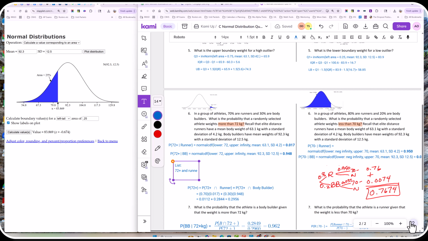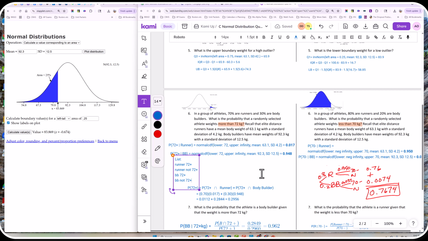So let me start with this. They're either a runner or a bodybuilder. So they're either a runner at 72 plus, they're a runner and not 72 plus, they're a bodybuilder and 72 plus, or they're a bodybuilder and not 72 plus. All right, so I'm going to move this around so you can see it a little better. So these are the 4 things that can happen.